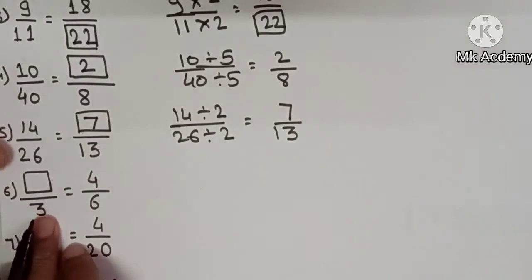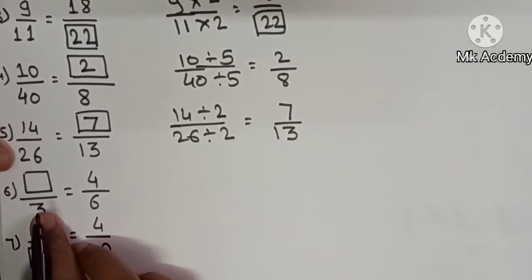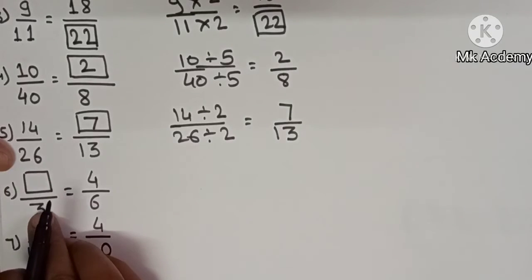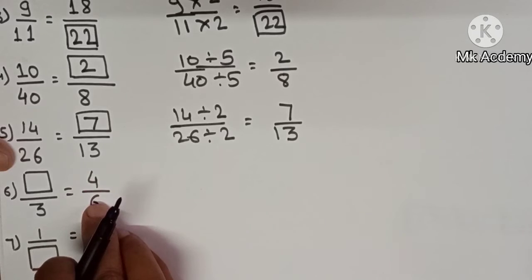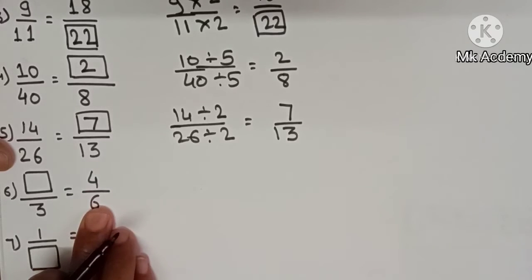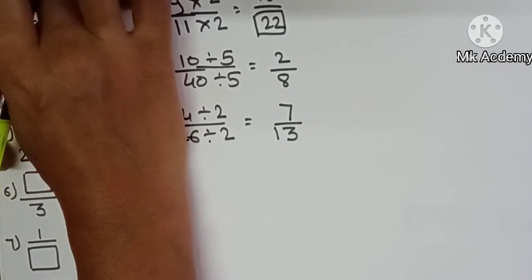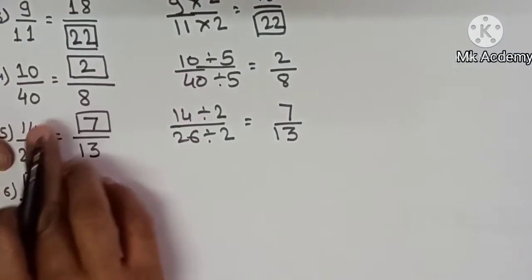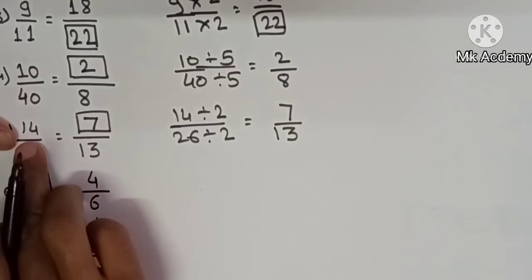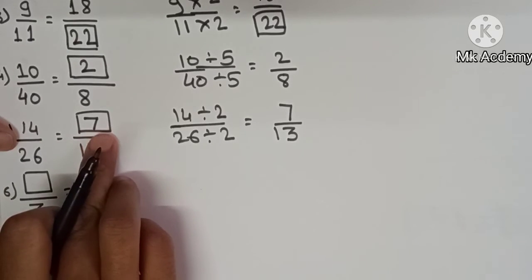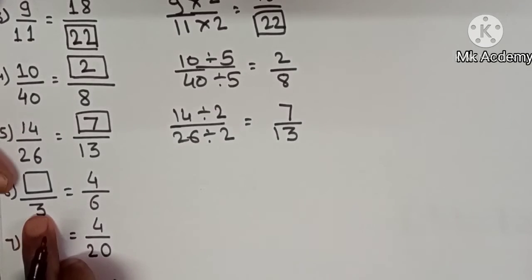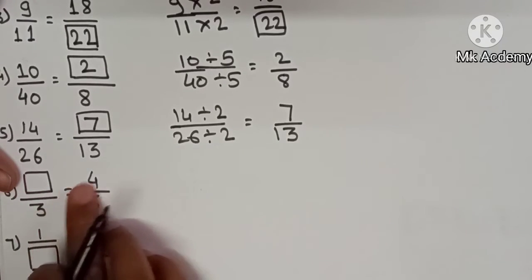Now example number 6. Box upon 3 is equal to 4 upon 6. Now this 6 is bigger, so here we have to divide. Remember, if the denominator we are finding is bigger than the given one, then we multiply. If the given fraction is bigger and this fraction is smaller, then we have to divide. Now here we are given box upon 3 is equal to 4 upon 6.